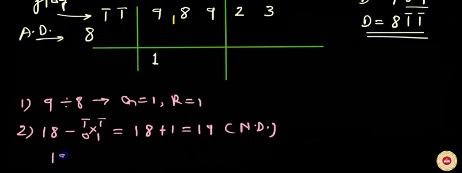So divide the net dividend 19 by the actual divisor 8, which gives us quotient 2, since 8 2s are 16, and remainder 3.